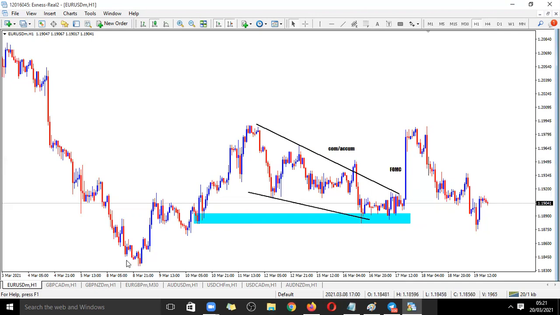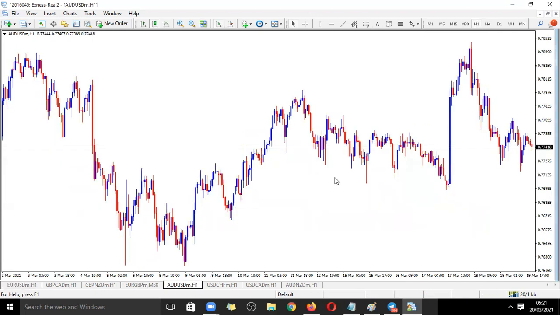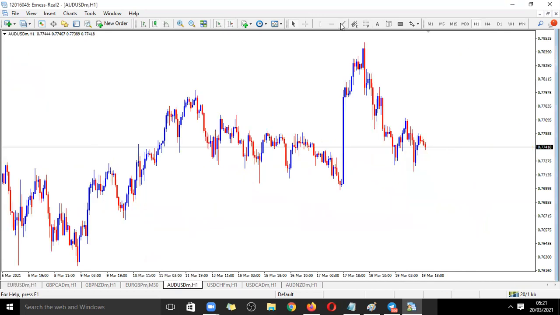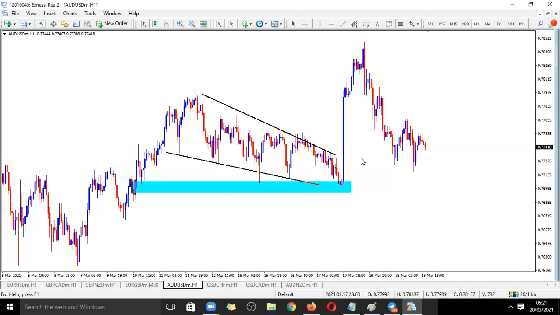Let me get another US dollar pair, Australian US dollar. You can see on the 17th of March. Now, notice we had an accumulation or stroke compression just before the event got released, right? And price compressed towards a decision point. Now look at that.